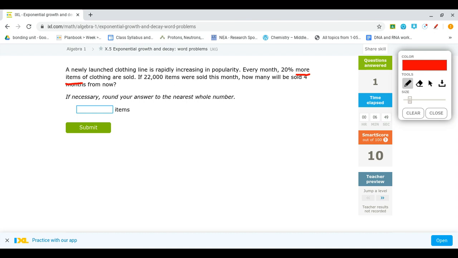So the formula for exponential growth is very similar to the formula for exponential decay. The only difference is that instead of 1 minus r in parentheses, it becomes 1 plus r in parentheses. Okay, now we're going to go through and figure out where the information goes.